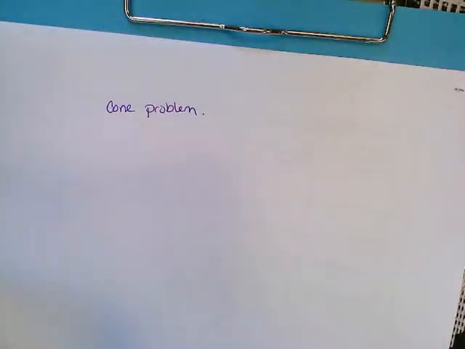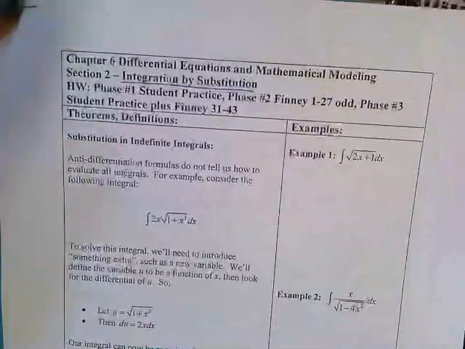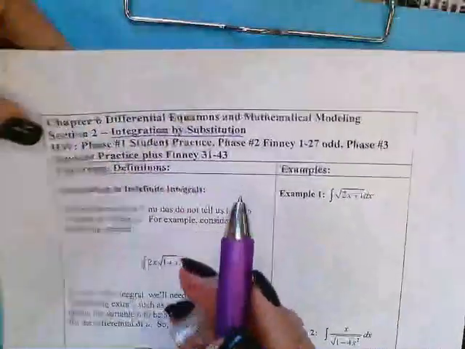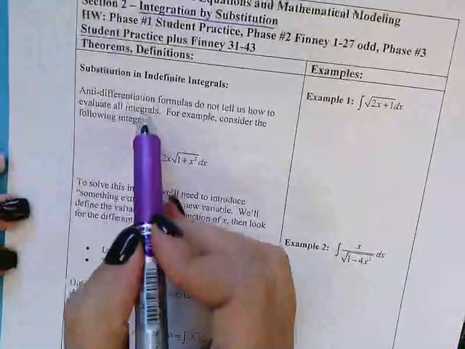Okay? Alright, so now going back to section 6.2, which is on u substitution. So anti-differentiation, basically anti-derivatives, integrals.